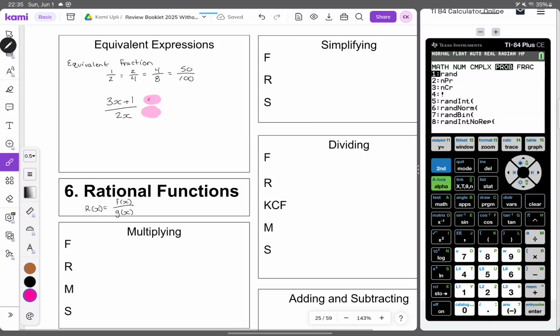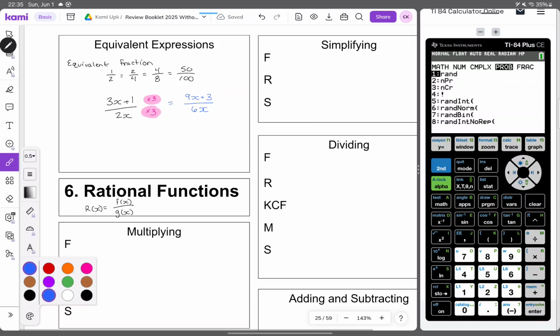In this case, I'm going to times top and bottom by 3. So this equivalent expression would be 3 times 3, that's going to give me 9x plus 3, and 3 times 2 gives me 6x. So these are equivalent expressions.